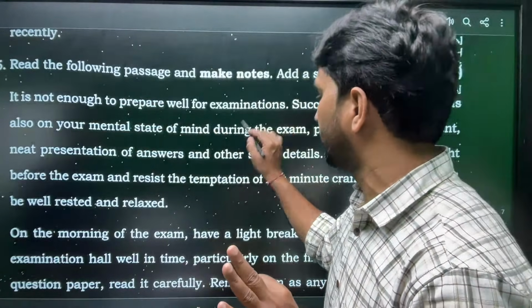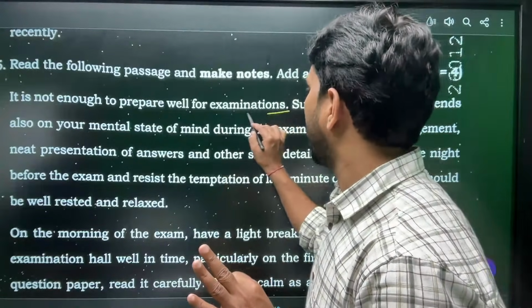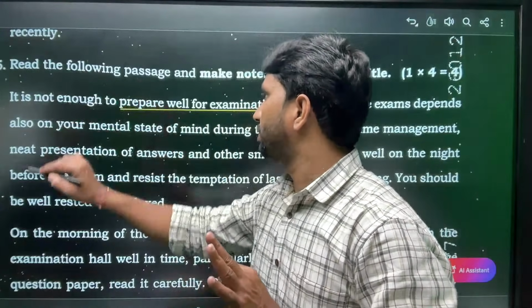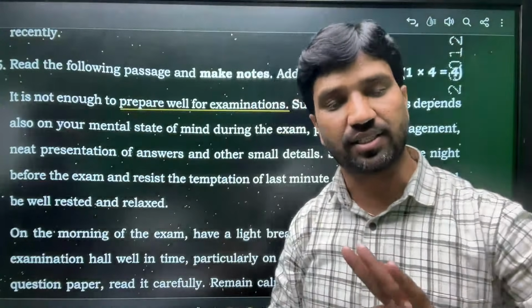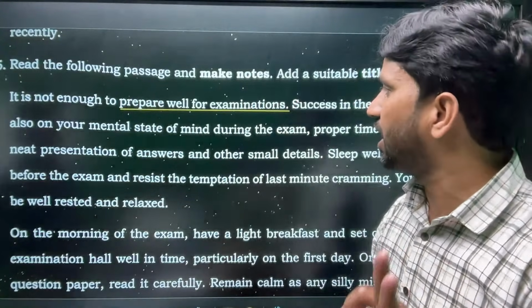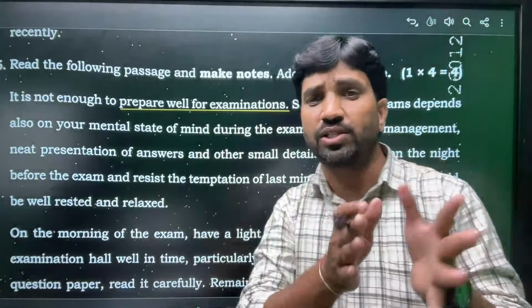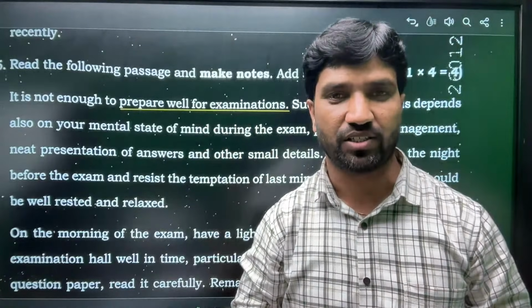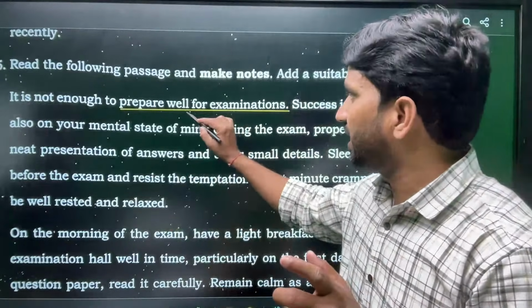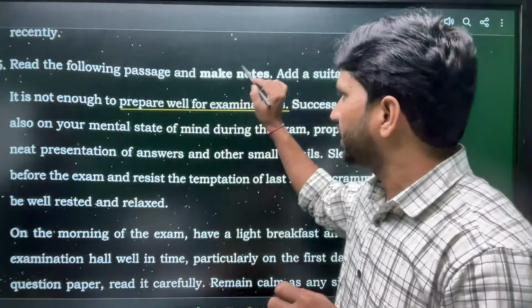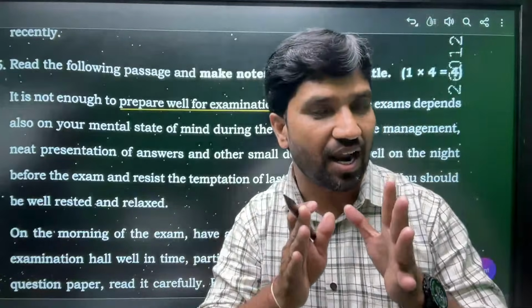Here we find the title: "Preparing for an examination." This is the title, so that they don't see what you have written in the passage. Point wise, the title is very, very important.